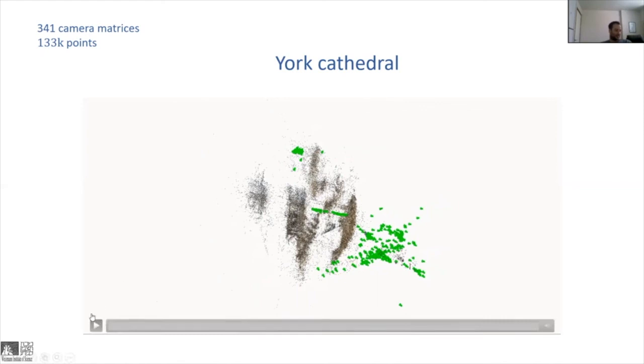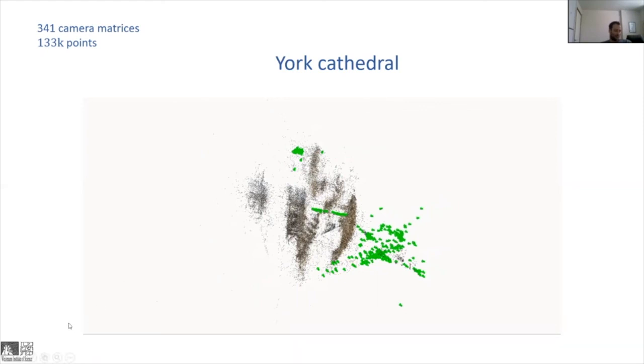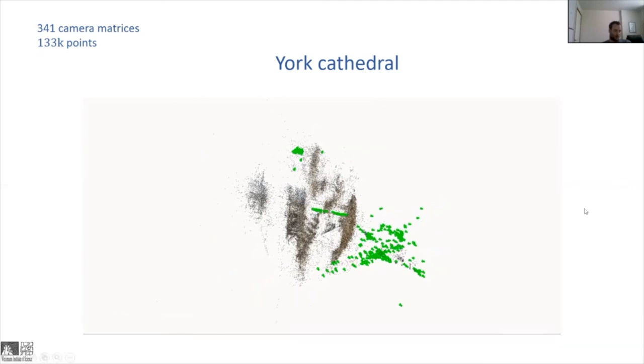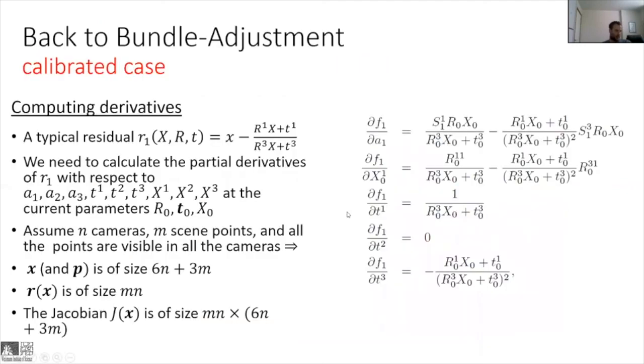Amnon? Yes. In the previous slide, when you calculate the derivatives, you are taking an example only for the x case, right? Only for the x case, because this is R1 equal to X minus. So we have also for the Y, right?